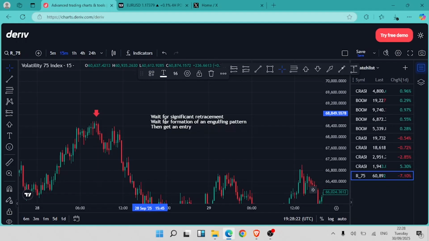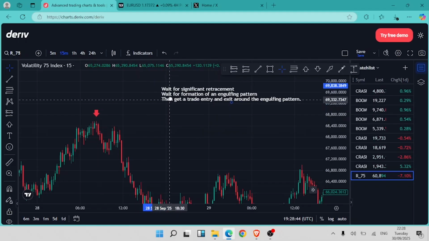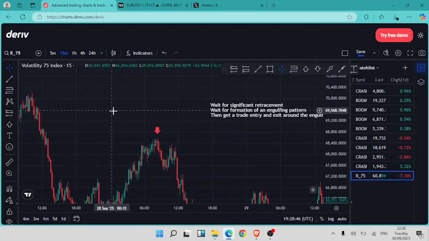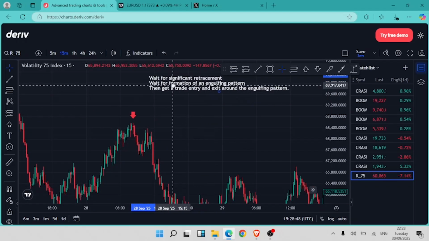Actually, get a trade entry and exit around the engulfing pattern. So that is the whole idea behind it, and we are now bringing this idea to volatility 75 index.